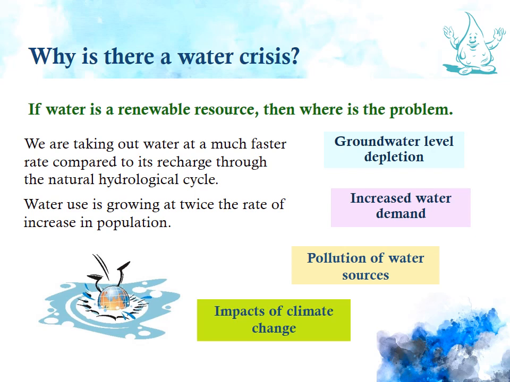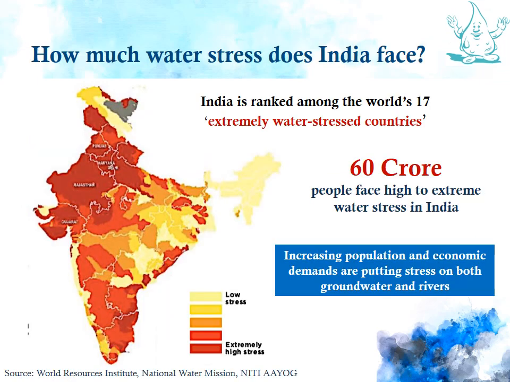This further enhances water crisis by increasing water stress experienced by different communities. What is water stress? Water stress occurs when the demand of water exceeds the available amount during a certain period, or when poor quality of water restricts its use.